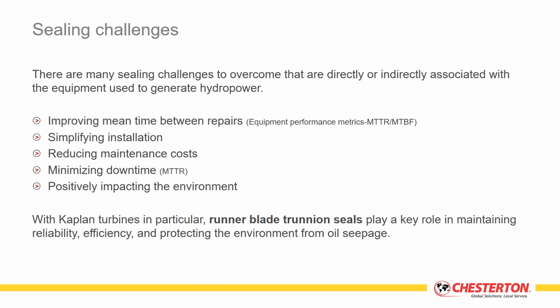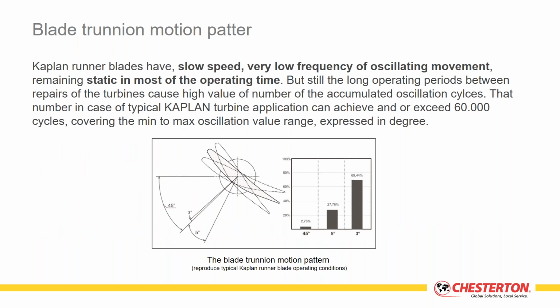So with Kaplan turbines in particular, the runner blade seal plays a key role in maintaining reliability and efficiency, and in protecting the environment from oil leakage. That's the reason why we have to focus so much on the runner blade trunnion sealing application.